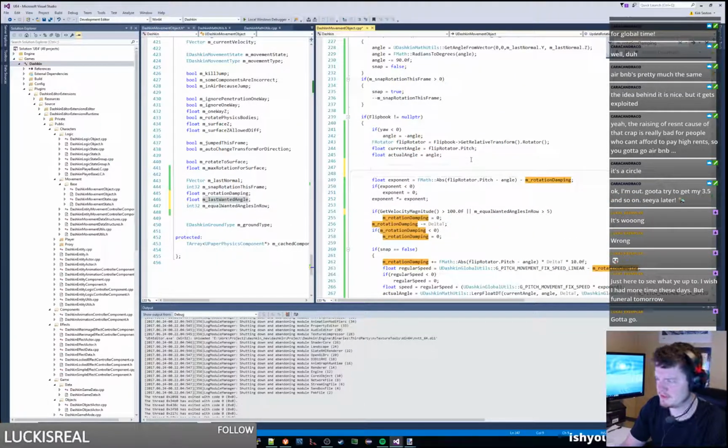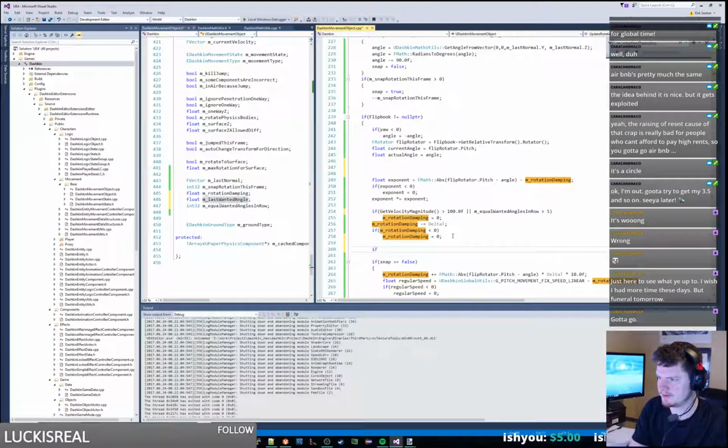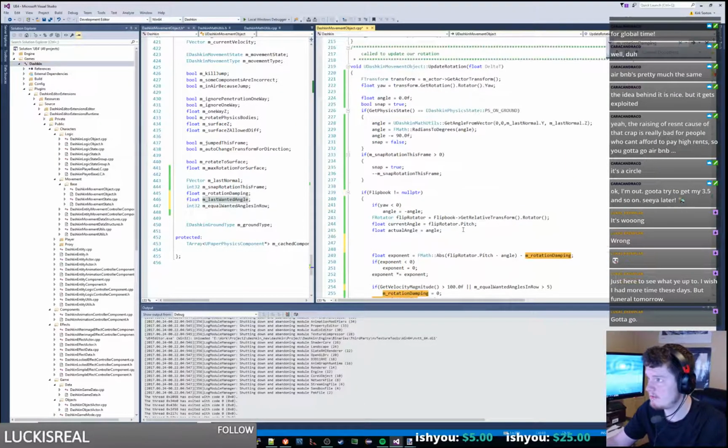We're going to basically say, if rotation damping is 0, tiny float.